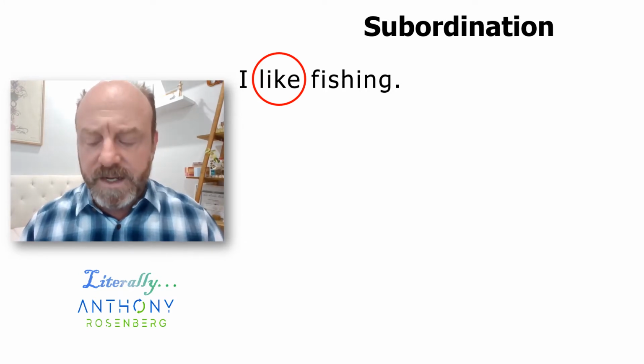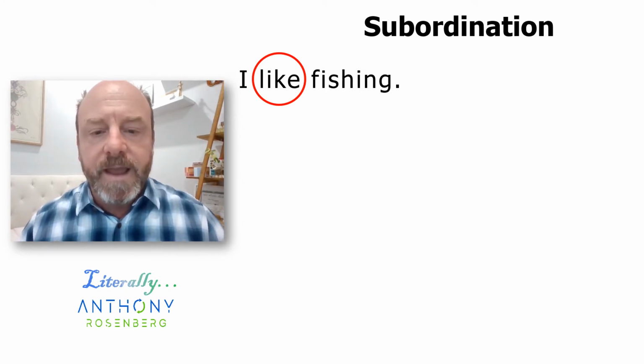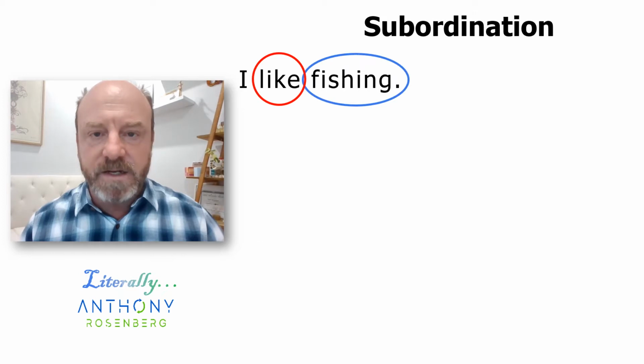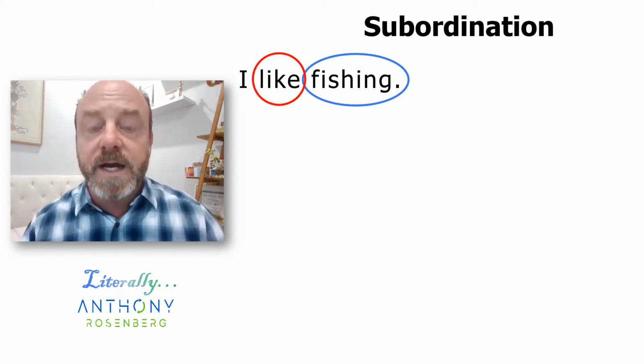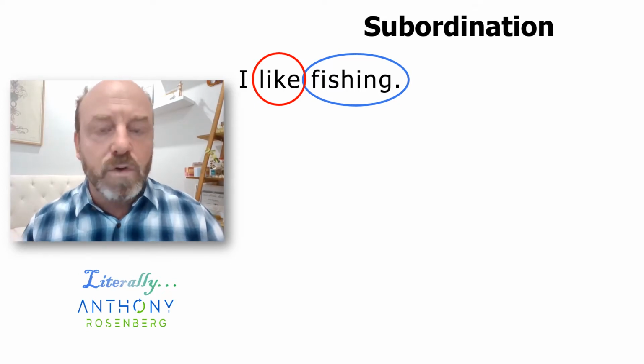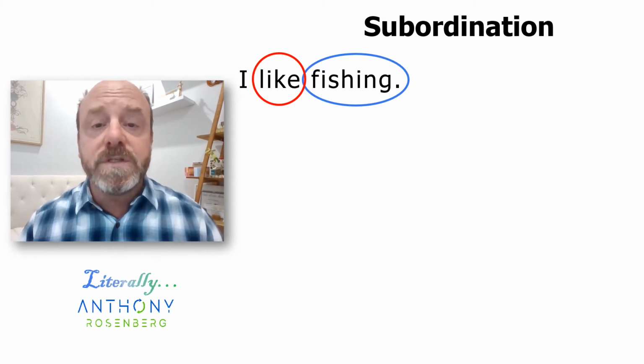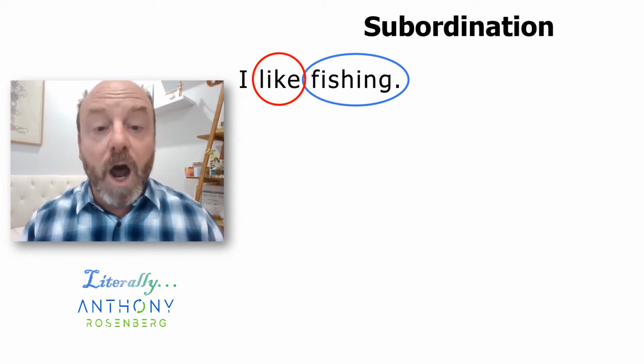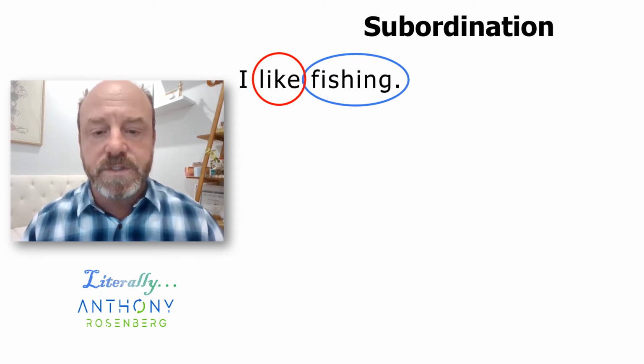It's the one that can stand alone. We'll look at that shortly. And fishing is the dependent clause. So that's our subordinate clause. Dependent and subordinate are synonyms. So when I say dependent clause or subordinate clause, you know what I mean. Yeah, so this sentence has two clauses. I like is the independent clause and fishing is the dependent clause.